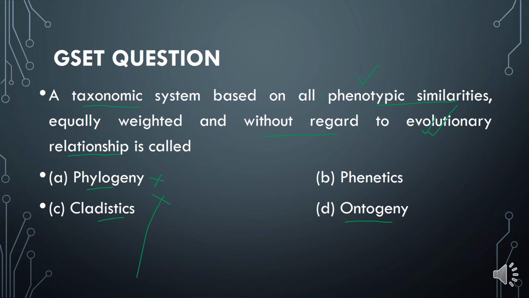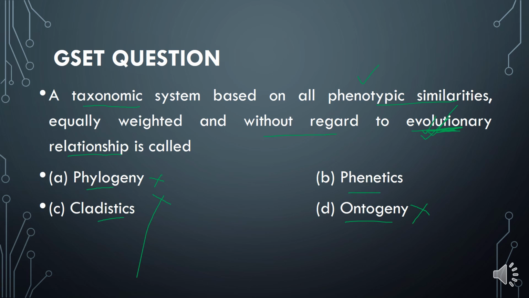Ontogeny is developmental biology, from cell division to embryogenesis and all. By studying the developmental biology of different species, we find the evolutionary relationship. Here also we are considering the evolutionary relationship. So ontogeny will also not be the answer.